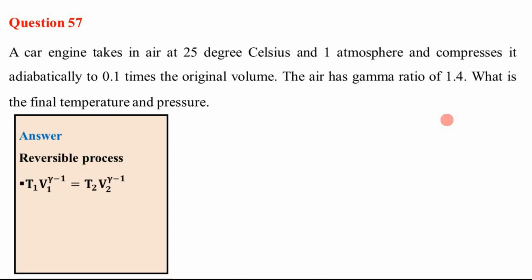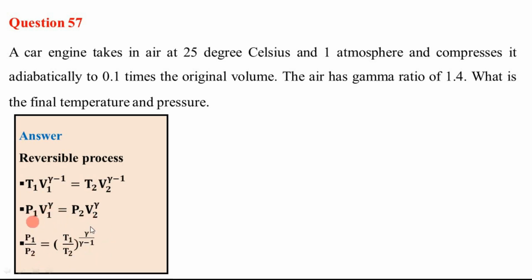But here I'm going to show you the different formulas that are used to calculate the final temperature and the final pressure for the reversible and the irreversible process. But in the question, we have the reversible process. For a reversible process, we can use this formula to calculate the final temperature, or this one to calculate the final pressure, or this one.